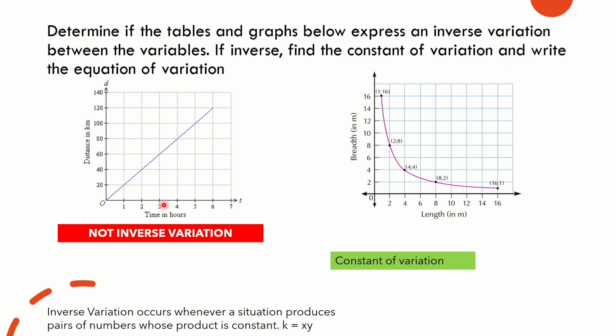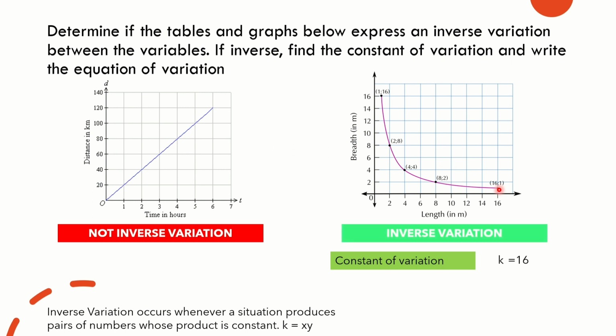To find it, you simply multiply x times y. So here, our ordered pairs: 1 times 16, the answer is 16. 2 times 8, 16. 4 times 4, 16. 8 times 2, 16. And 16 times 1, 16. So we conclude that our constant of variation k is equal to 16.